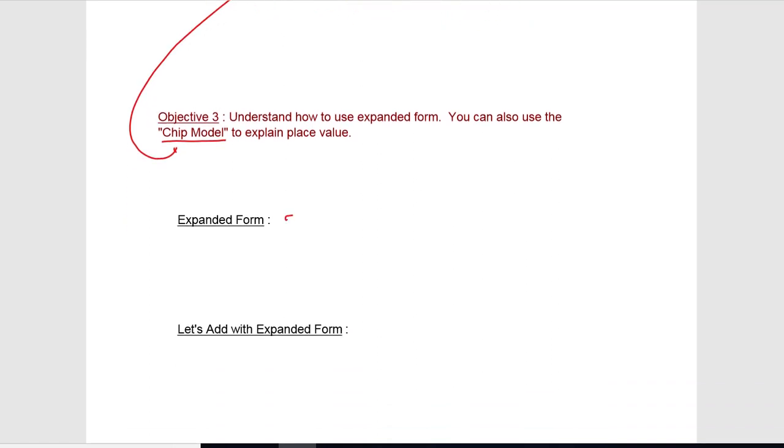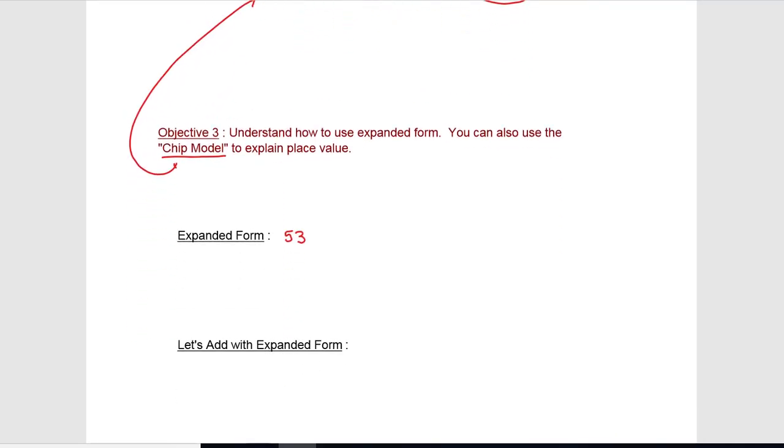So remember, expanded form is when you rewrite the number as each of its place values: 500 plus 30 plus 2.